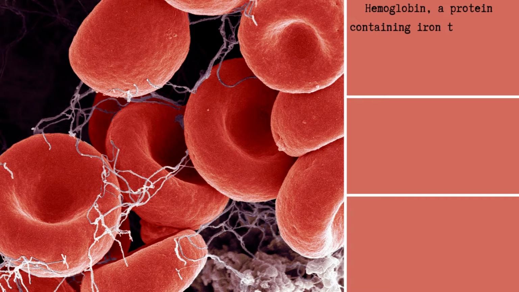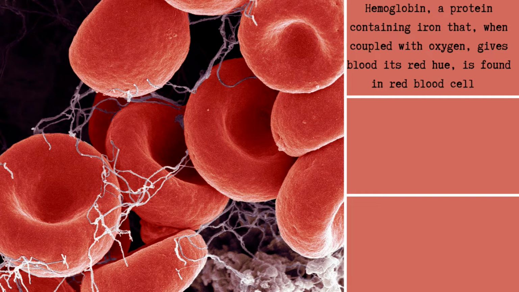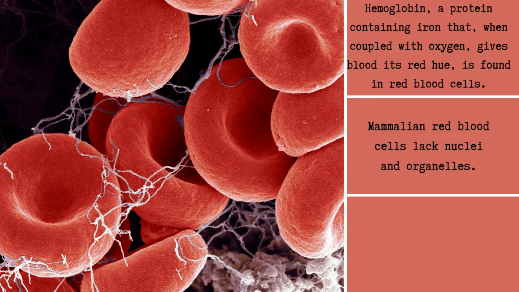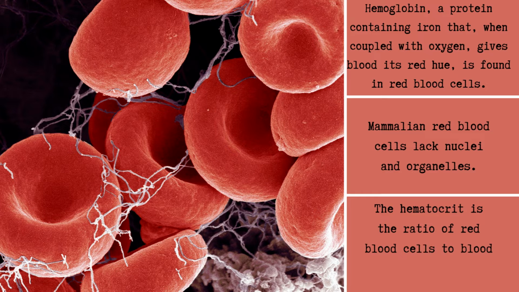Hemoglobin, a protein containing iron that, when coupled with oxygen, gives blood its red hue, is found in red blood cells. Mammalian red blood cells lack nuclei and organelles. The hematocrit is the ratio of red blood cells to blood volume.